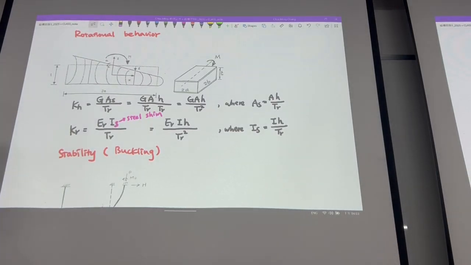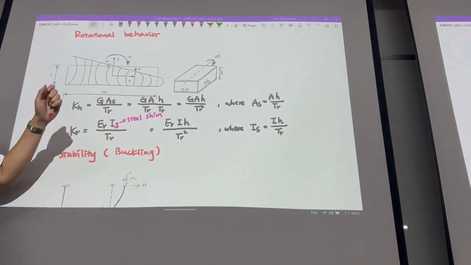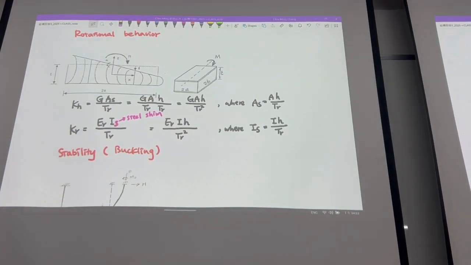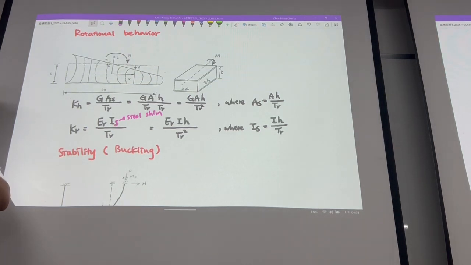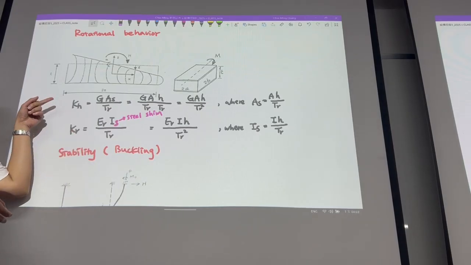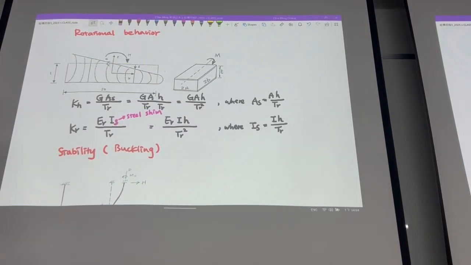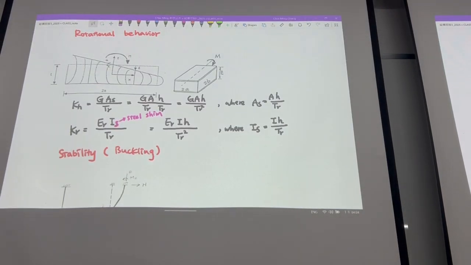So for the rotational behavior, just like in regular simulation, you may use a rotational stiffness, or if you want to check the local behavior, you can consider this a rotational point. But for the design, probably only this horizontal stiffness is the important thing.